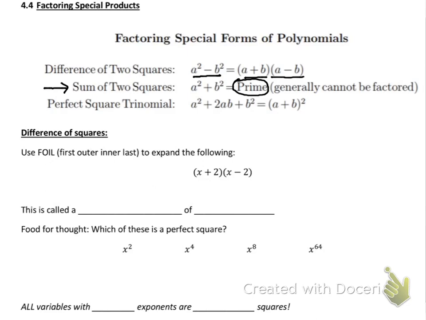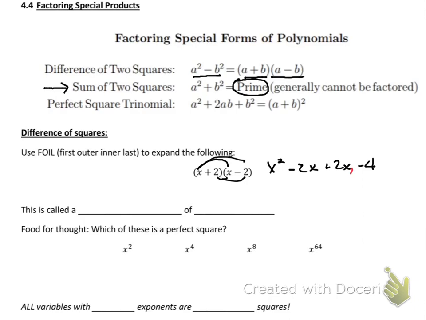So let's look at this first example. In chapter 3, we worked with problems like this, where we had x plus 2 times x minus 2. And we learned to use FOIL, first, outer, inner, last, to expand this.